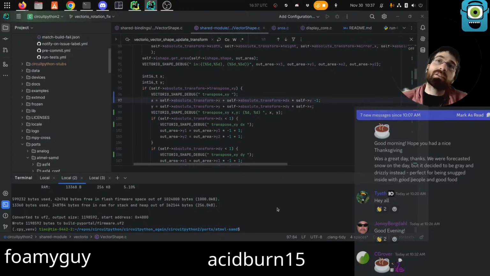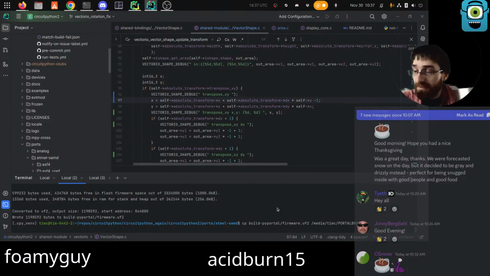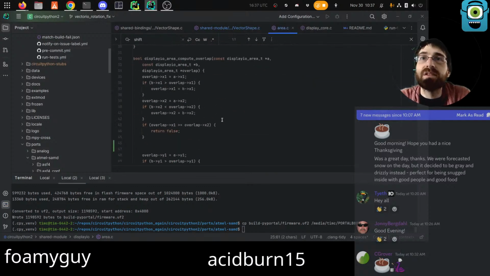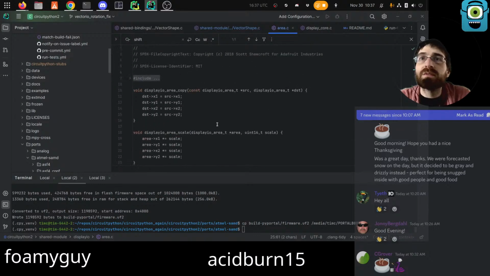Although if I see it work in all 4 orientations, that will go a long way towards convincing me. And it would be ideal if we don't touch much code outside of Vectorio. I've added some prints in here, I think.